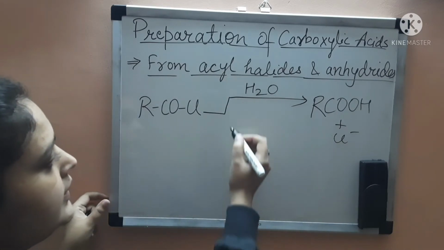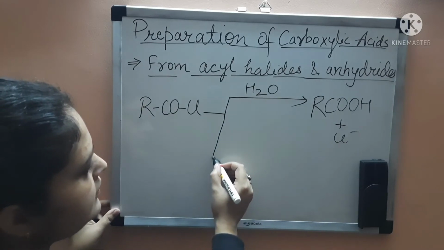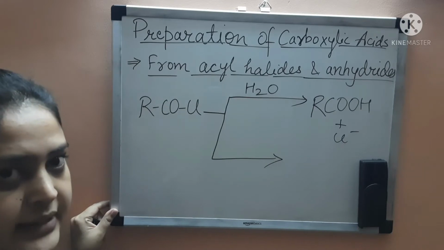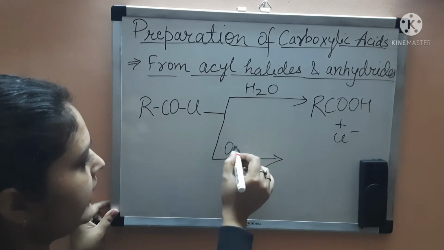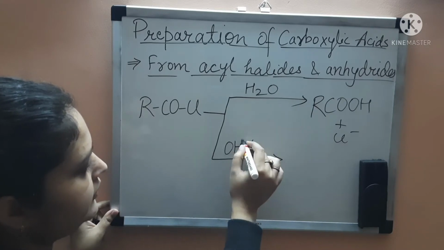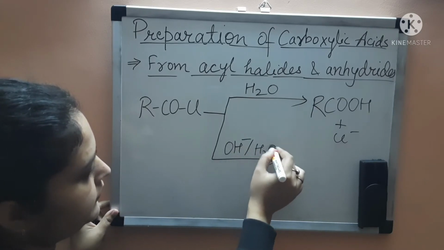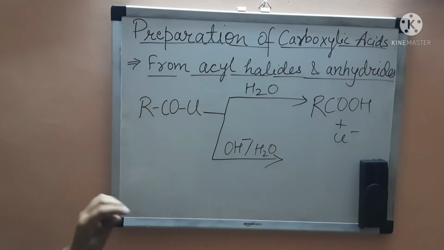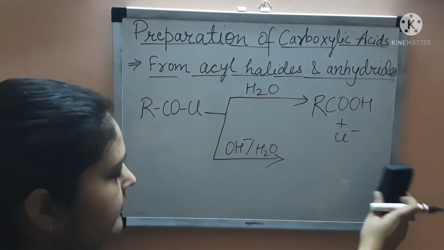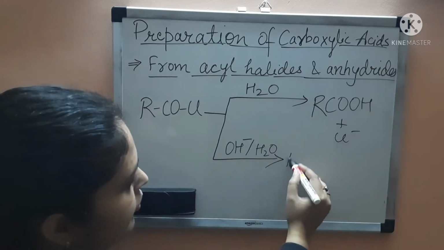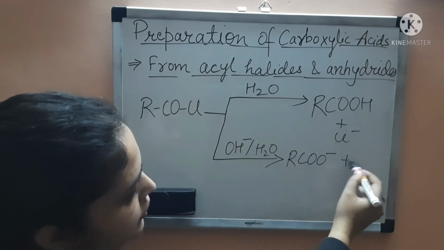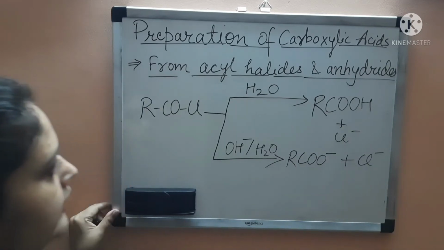Second way is to first add a base in the presence of water, or aqueous base, OH negative and water. First you will get carboxylate ion, RCOO negative, and your chloride ion, right?